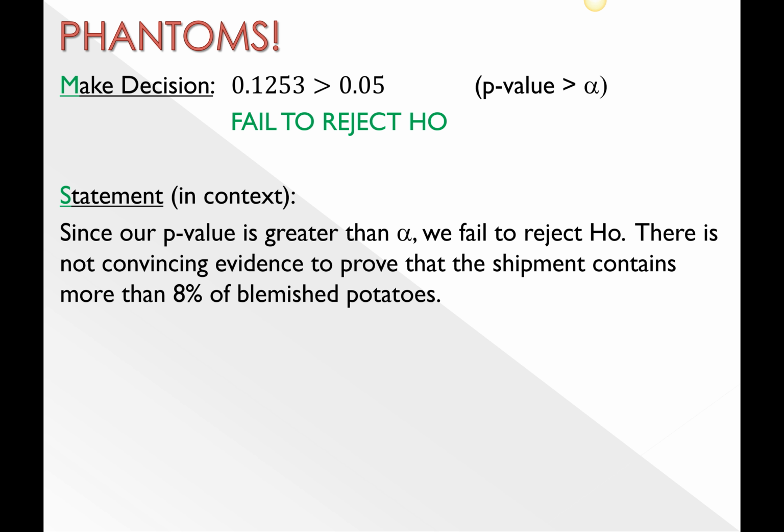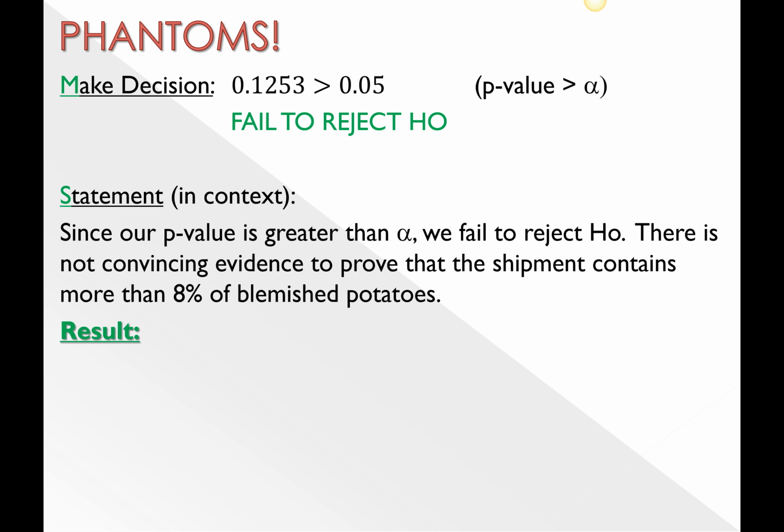Even though the expected number was 40 compared to 47, 47 potatoes is not significantly higher than 40 in this case. So 47 falls within the acceptable range of blemished potatoes. We don't have enough evidence to say that the shipment contains more than 8%. We need something higher than 47, maybe like 54 or 57. But 47 is not enough.